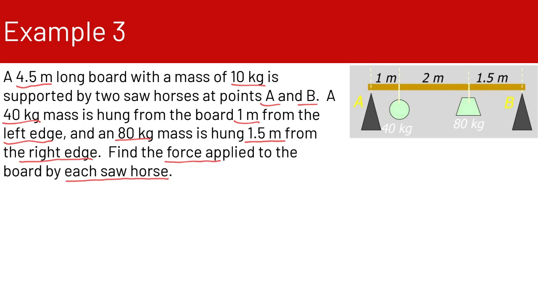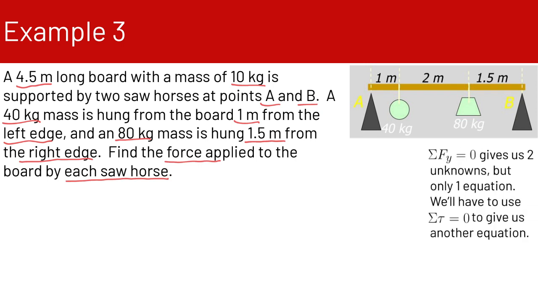Okay, so let's look at a note here. This note says that the sum of forces in the y direction equals 0 gives us 2 unknowns, A and B, but only one equation.